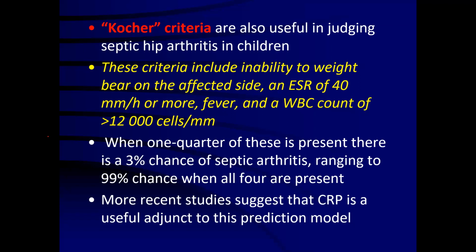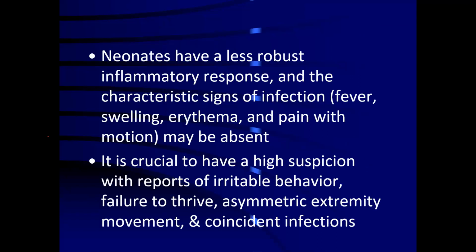If all 4 are present, the chance of septic arthritis is 99%. More recent studies suggest that the C-reactive protein is a useful adjunct to this prediction model. Neonates have a less robust inflammatory response.